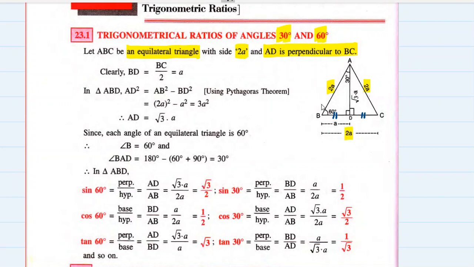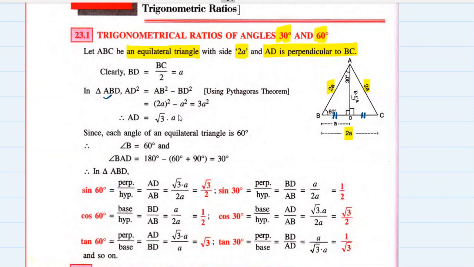Now, if we consider triangle ABD, which is a right angle triangle, since if we want to apply trigonometry, a right angle triangle is a must. Without a right angle triangle, we cannot apply trigonometry. So, in right angle triangle ABD, if we apply the Pythagoras theorem, we get AB square is equal to AD square plus BD square, or AD square is equal to AB square minus BD square.